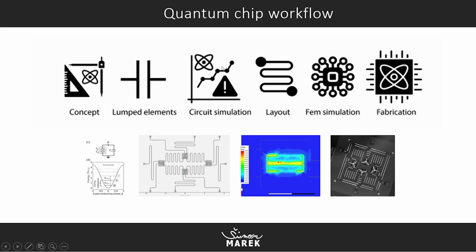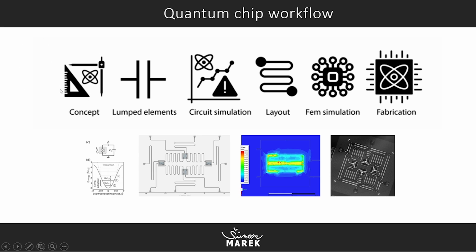Once we are confident with our circuit simulation, we move to the layout, and then we do post-layout simulation, so we know that the layout really matches our lumped elements and circuit simulation, and then we can do fabrication.